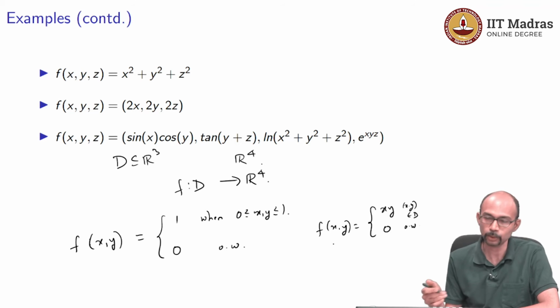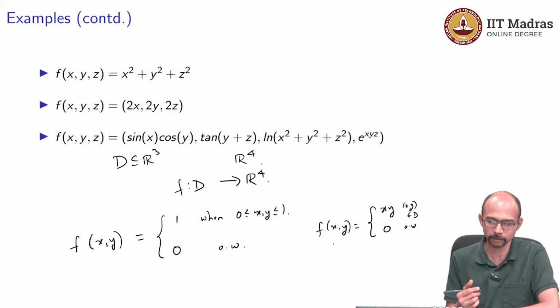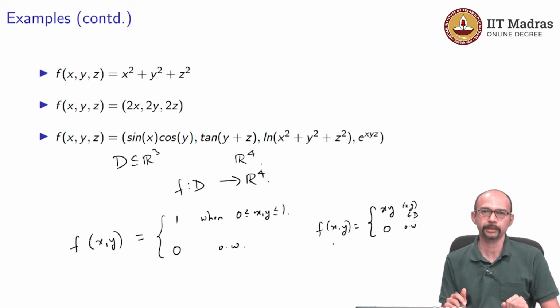If you have R2, if you have Rn, of course, the visualization is much harder, which leads us to an important point as to how do we visualize such things. So, let us do examples of that. So, of course, visualization for multivariable functions is much harder than it is for functions of one variable, and that is because to visualize we have to think of the graph. And if you remember what the graph was, it is a subset of the domain cross the codomain.